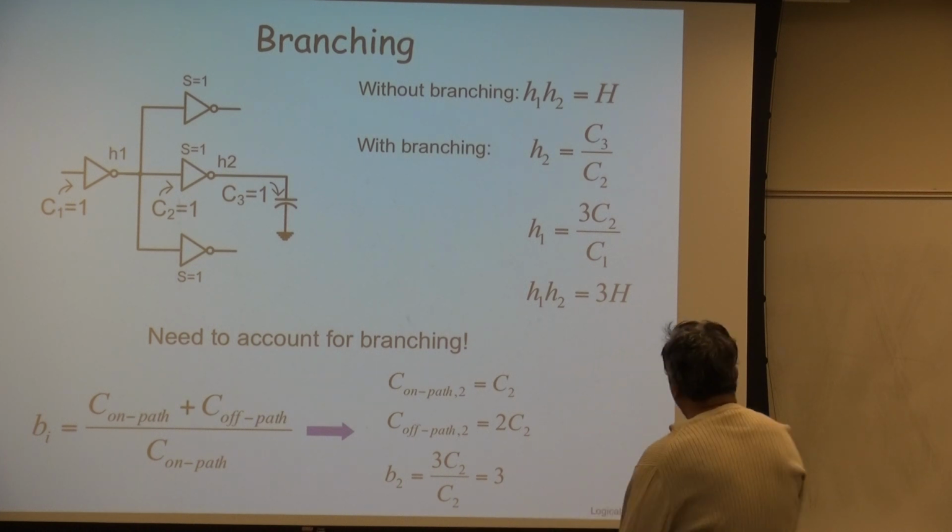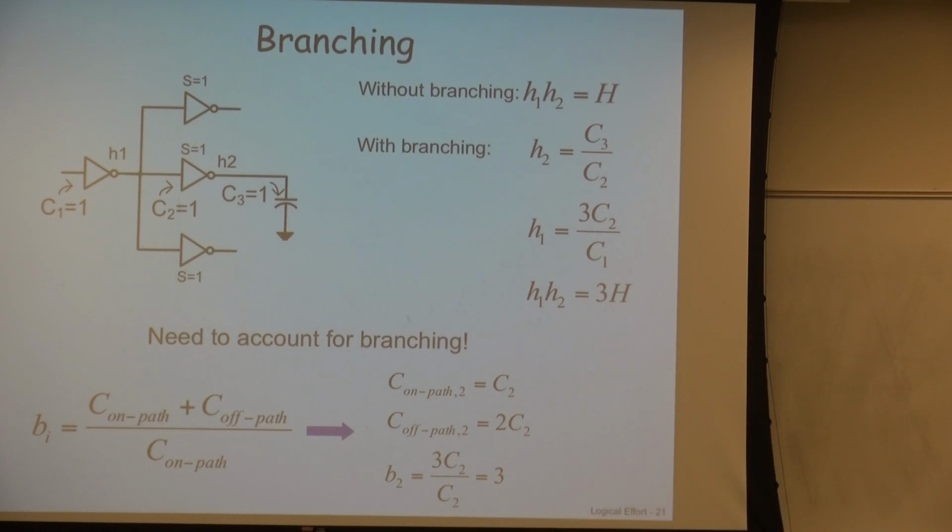No, in this example, we know the critical path is between this and this, and we know the capacitance here and capacitance here, and we're trying to size the transistor such that the delay between this and this will be minimized, right? That's what we're trying to do here.